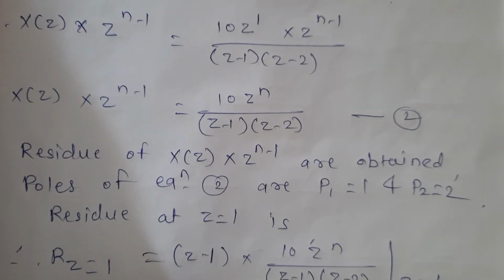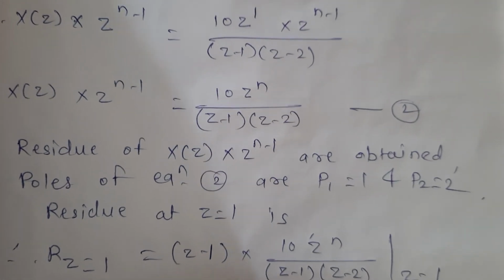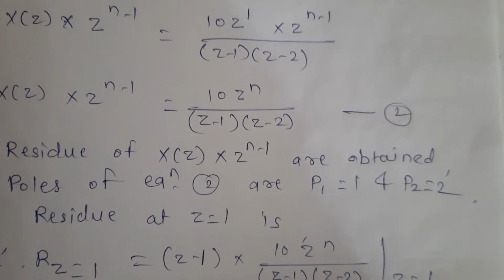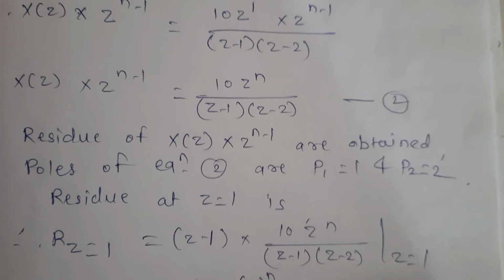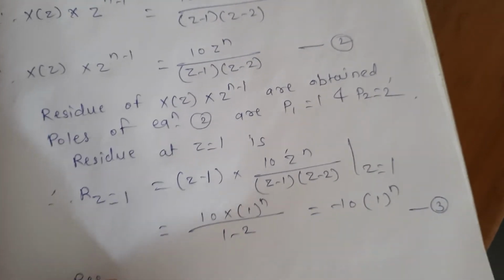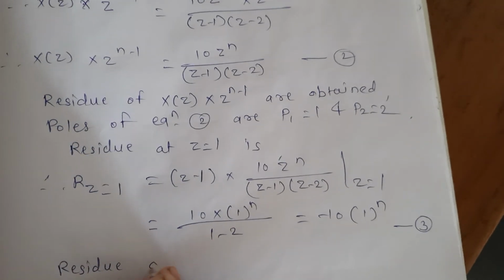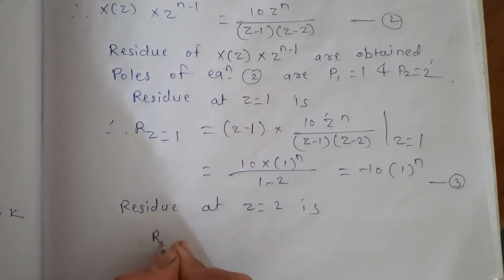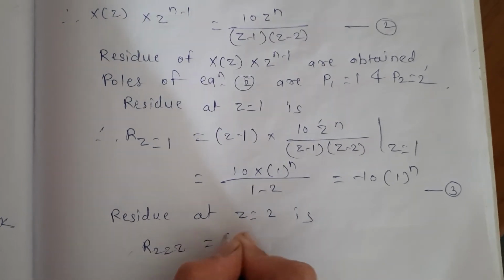So we substitute these values and we get 10 into 1 raised to n over minus 1, it is minus 10 into 1 raised to n. This is equation 3. Now the residue at z is equal to 2 is R(2).